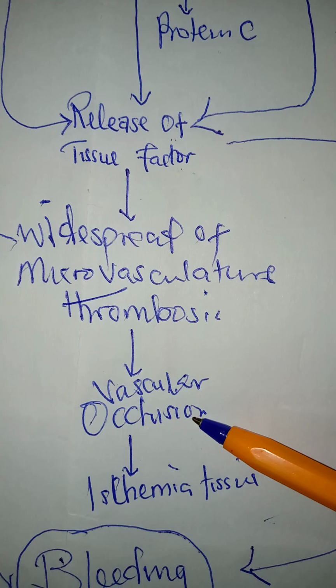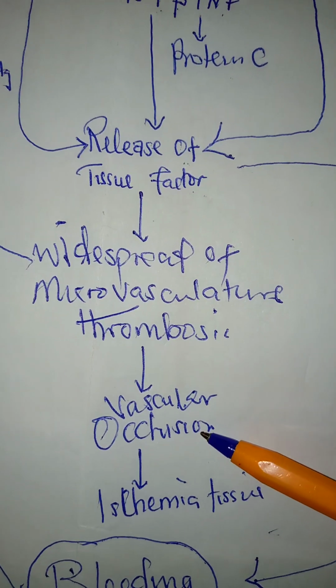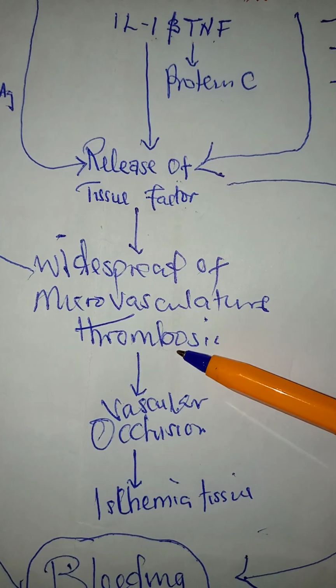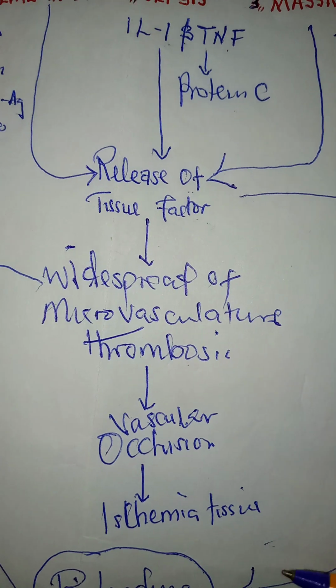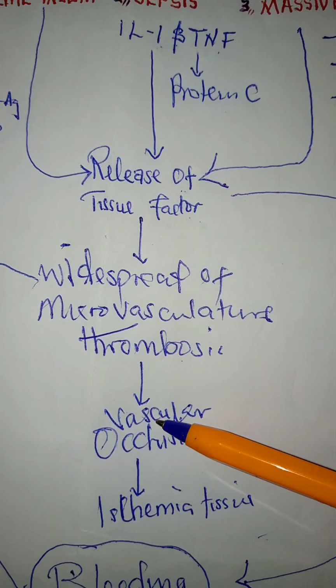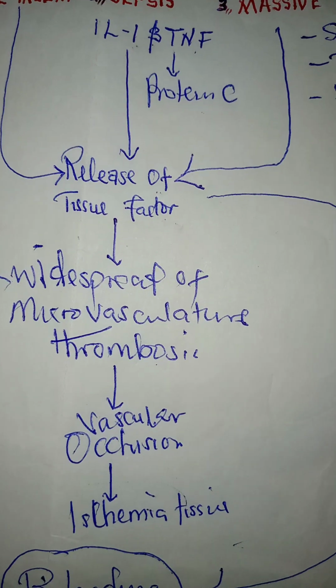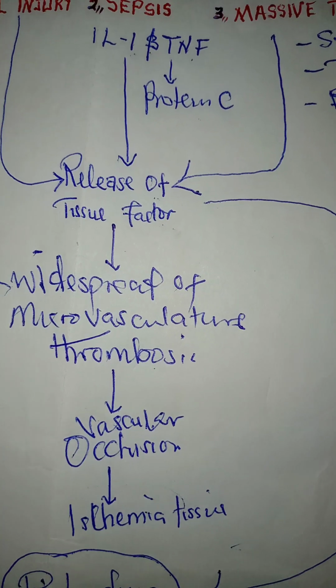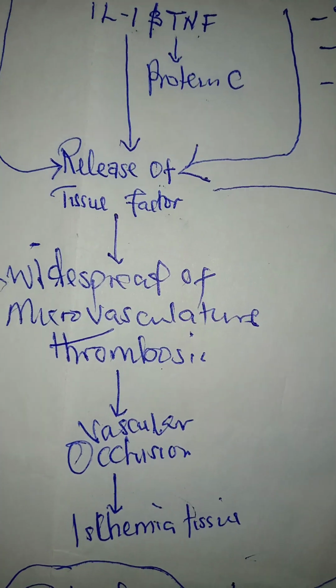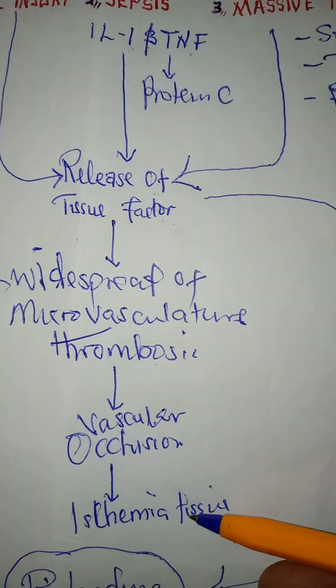So we have vascular occlusion here due to this thrombosis. If we have occlusion, basically we have ischemia, right? So we have low blood supply to that tissue, right? So we have ischemia here.